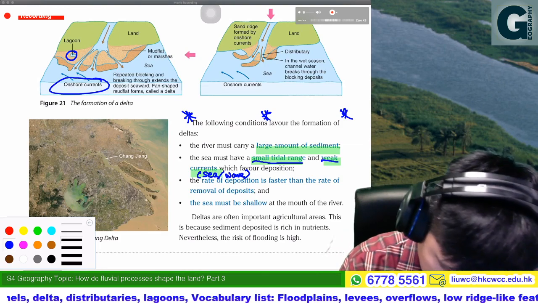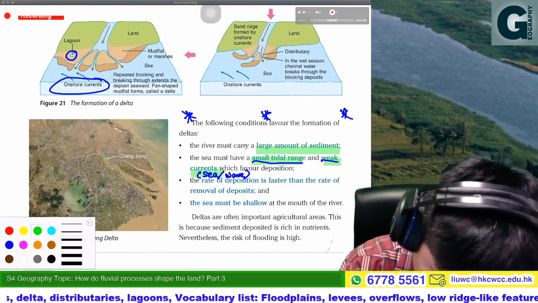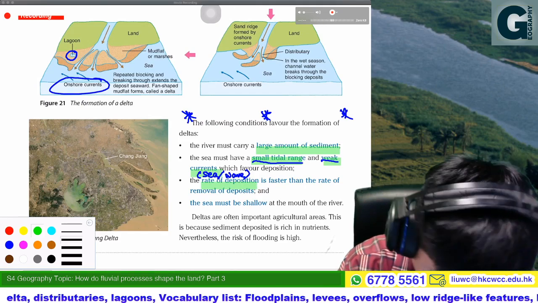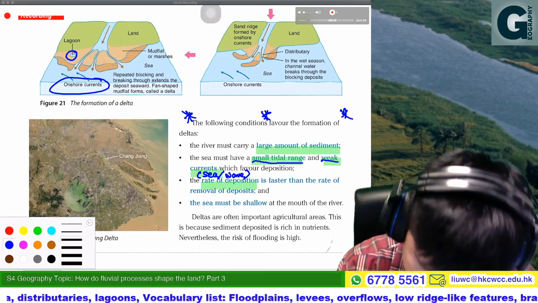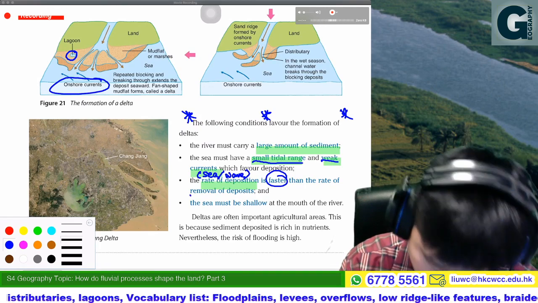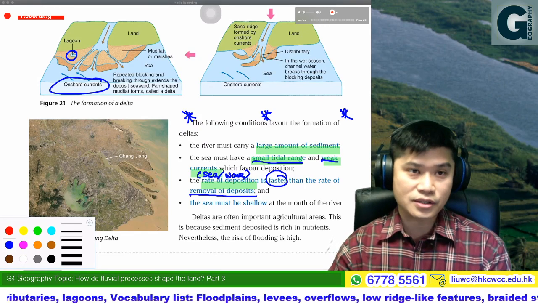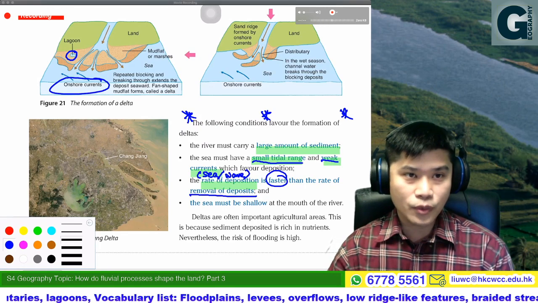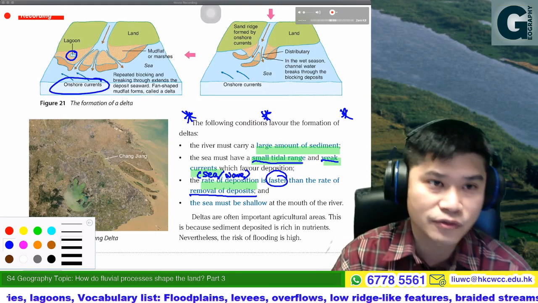So therefore that would be the second one. And then number 3, the rate of deposition is faster than the rate of removal of deposit. What would be the rate of removal of deposit?